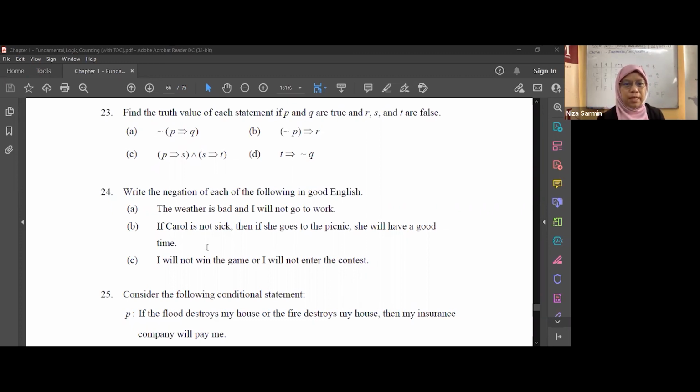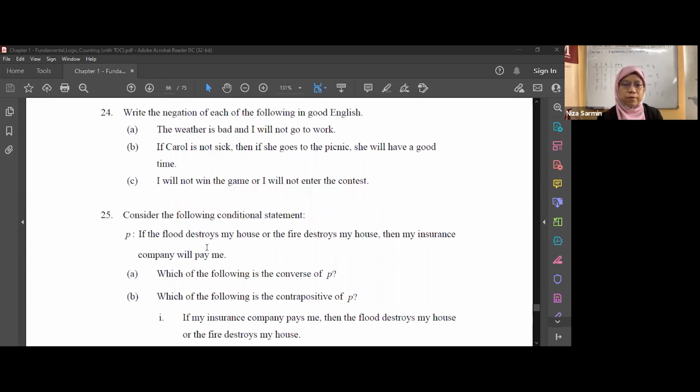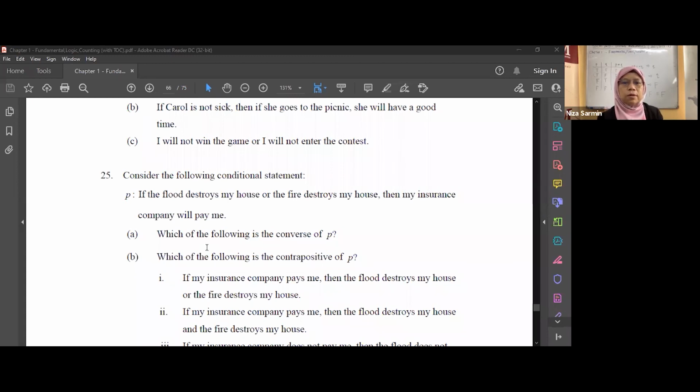That is P and Q, right? So the negation will be not P or not Q. The weather is not bad or I will go to work. There is no better English than that. Okay, then you can try the rest. Okay, next 25. Converse, contrapositive. Okay, next.